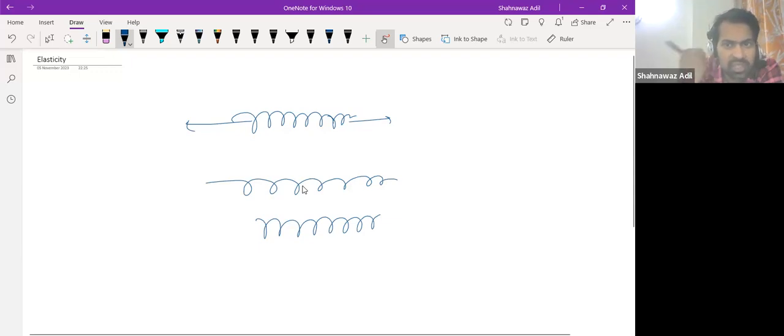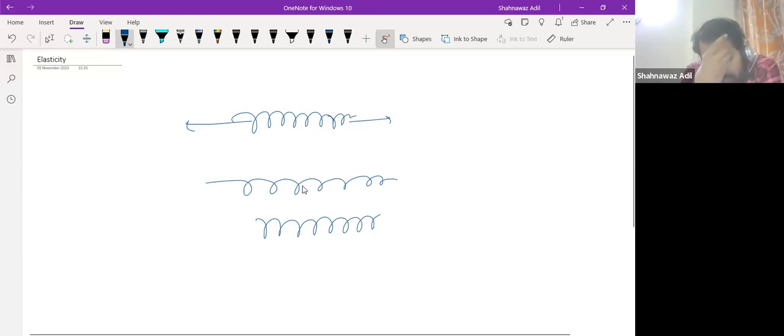Whenever you have a material which you deform and it comes back to its initial state, those kind of materials are called elastic materials. But if you deform a material by applying some force and it can't go back to its original position or initial state, then those materials are called plastic. So on the basis of deformation, you have two kinds of materials: elastic materials and plastic materials.